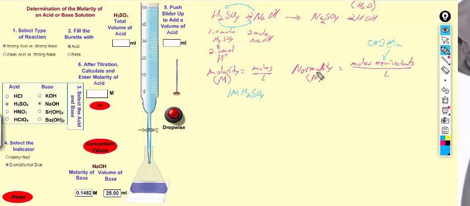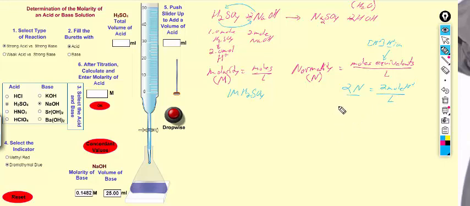So this normality kind of takes into account this stoichiometry. So a 1 molar sulfuric acid solution would be 2 normal. We use the term normal, like molar, molarity, normal, normality. That's, if you wish, 2 moles of hydrogen ions per liter.